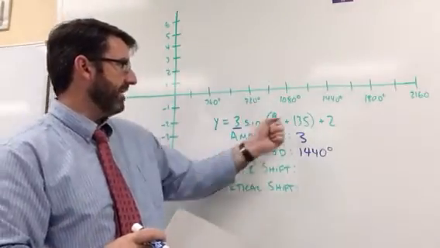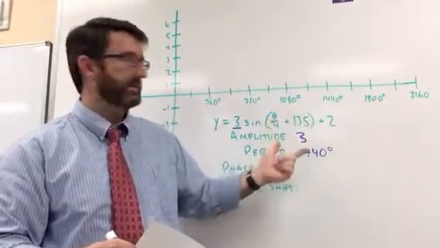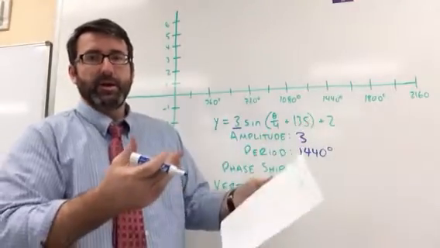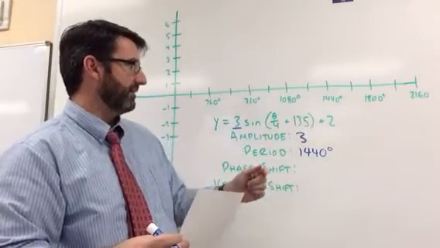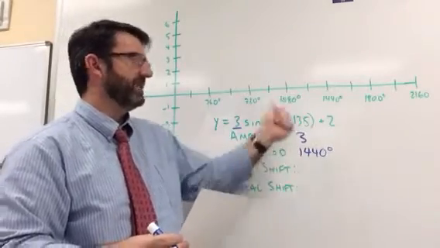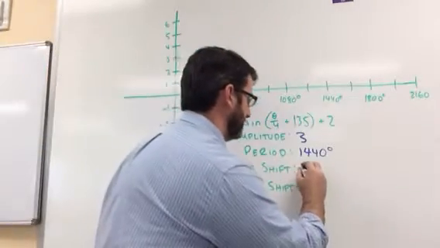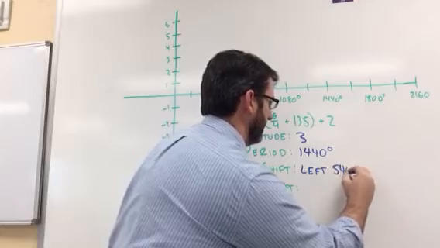So that's going to be 540. Now remember from transformations that if we're adding something inside the parentheses, it's going to go the opposite direction of what we would expect. So if we're adding 135, that means it's going to be shifted to the left. So this phase shift is going to be to the left 540 degrees.